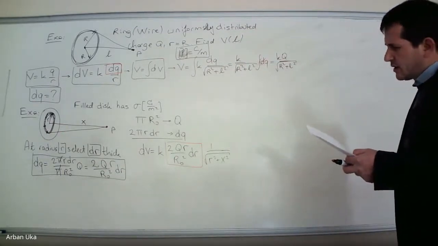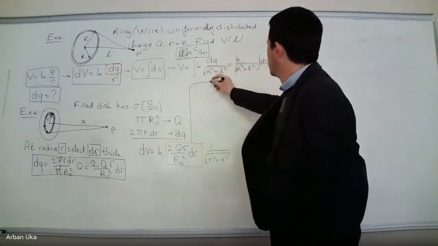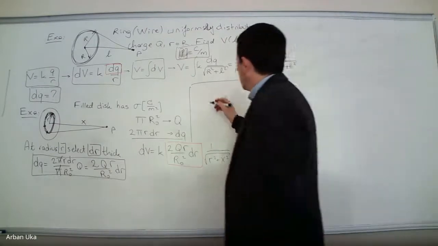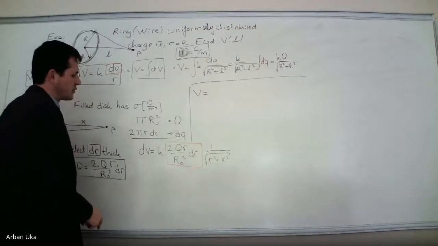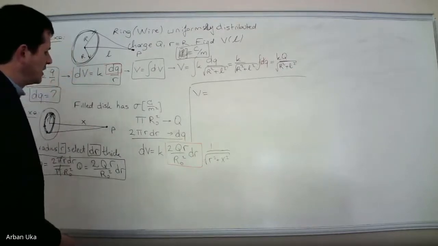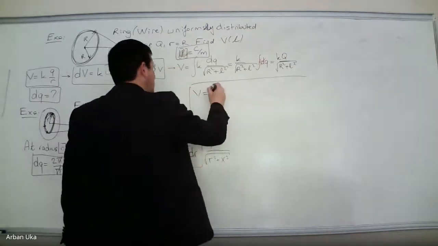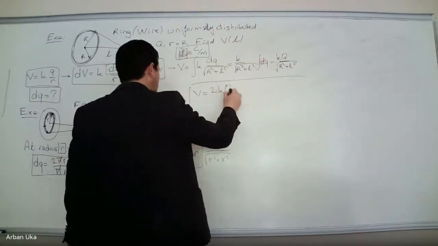Then the potential itself, the V, is going to be equal to the integral of all of these expressions. For the integral here, we can keep out of the integral all the constant terms. So here we have 2kq, it's a constant.